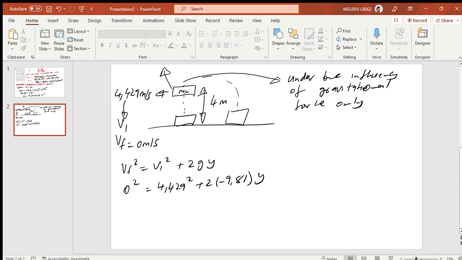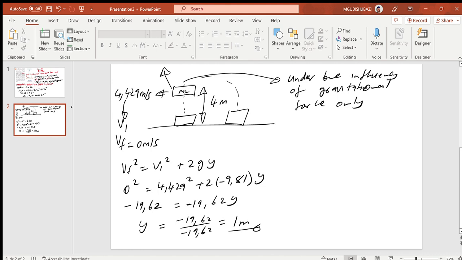Now 4.429 squared gives us 19.62, negative when we transpose, and on the other side we're left with 2 times 9.81, which gives us 19.62y. So y is equal to negative 19.62 divided by negative 19.62, which is equal to 1 meter.